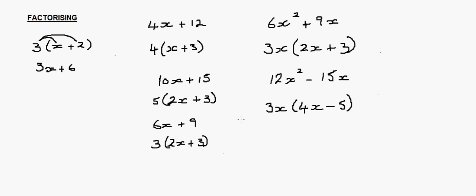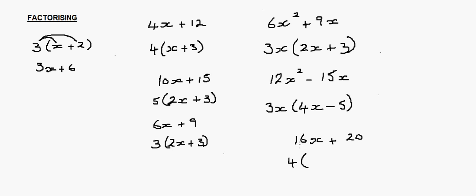So again, if we go back to basics, if we've got 16x plus 20, and they say factorise, well, we've only got the 1x, so x can't come out of the bracket, so we look at the numbers. Now we've got 16 and 20. I know 4 goes into both, so 4 comes out of the bracket.